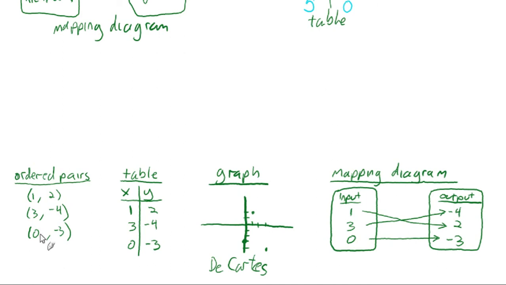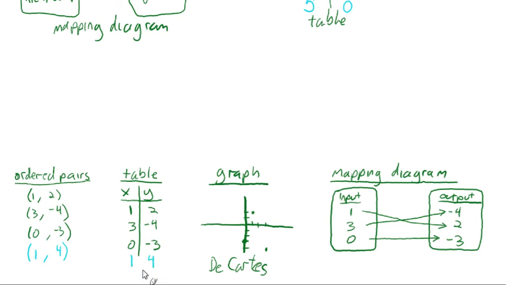Okay, so we need to make it so that an input has more than one output. So let's go with 1, and we'll make it go to 4. Okay, so we'll just add that in, and we'll represent that throughout all of these. So 1 goes to 4 now. So 1 goes to 2 and 1 goes to 4. That's going to be no good. That can't happen with functions. So we've made it not a function.